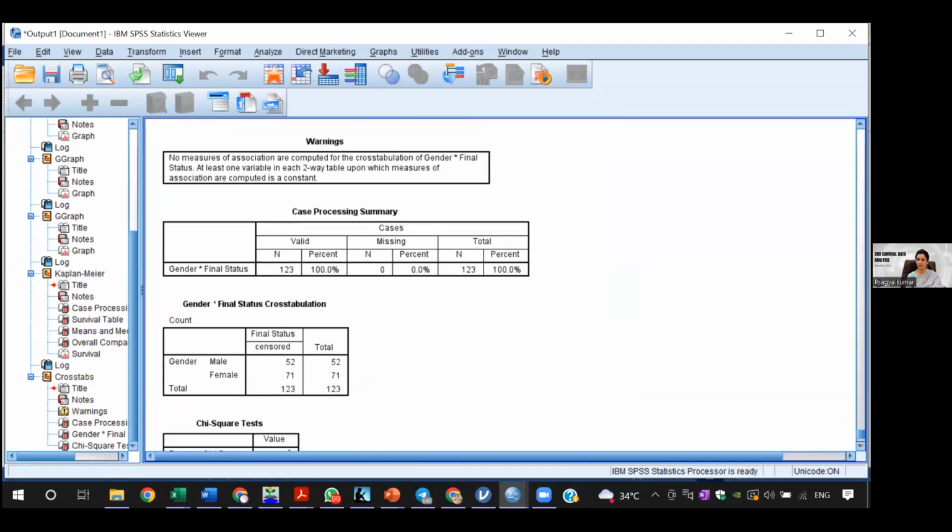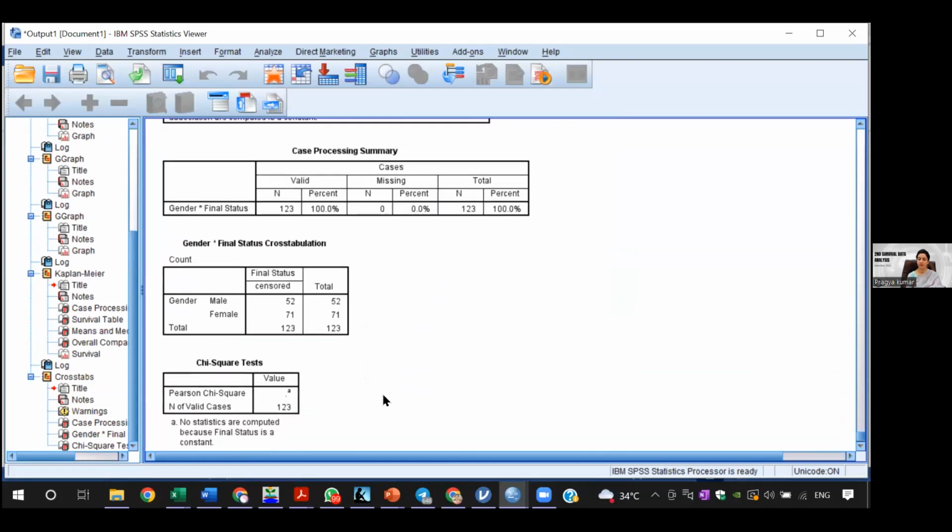You can see here, no statistics are computed because final status is a constant. It is not giving, but I have seen that you can calculate. The filter is already applied. That's why the answer is not coming.